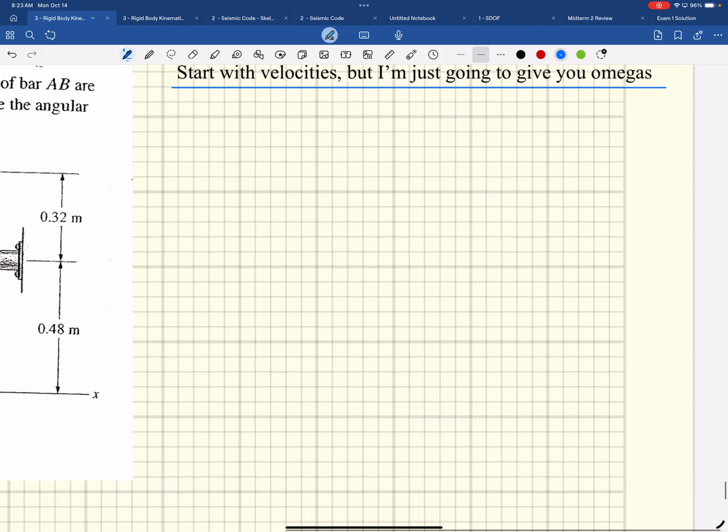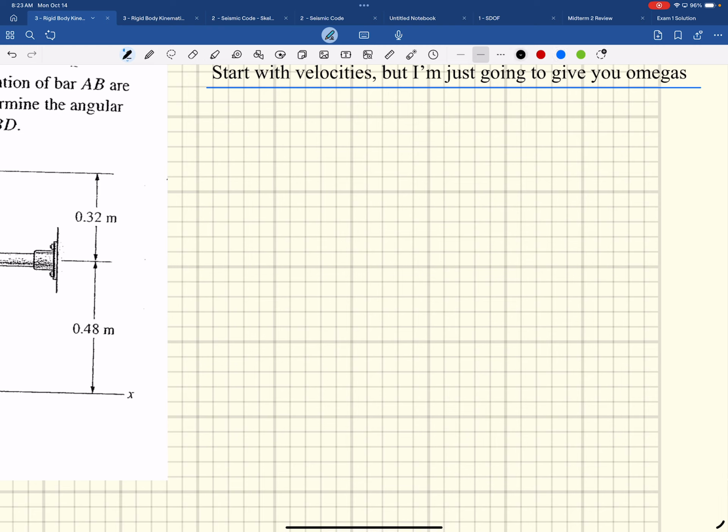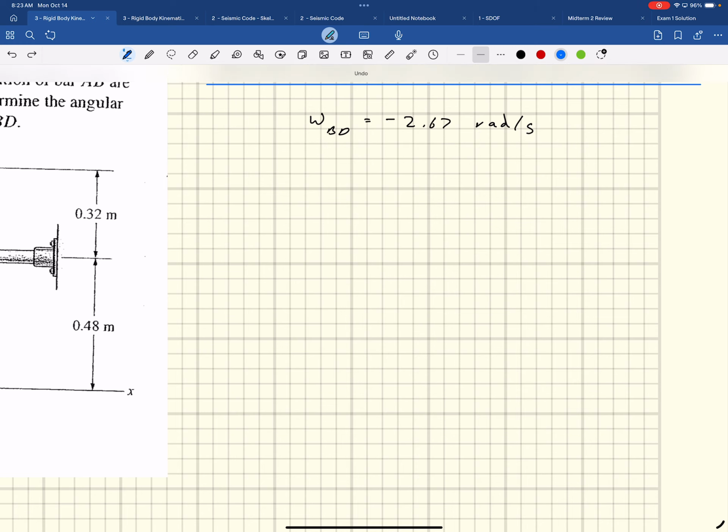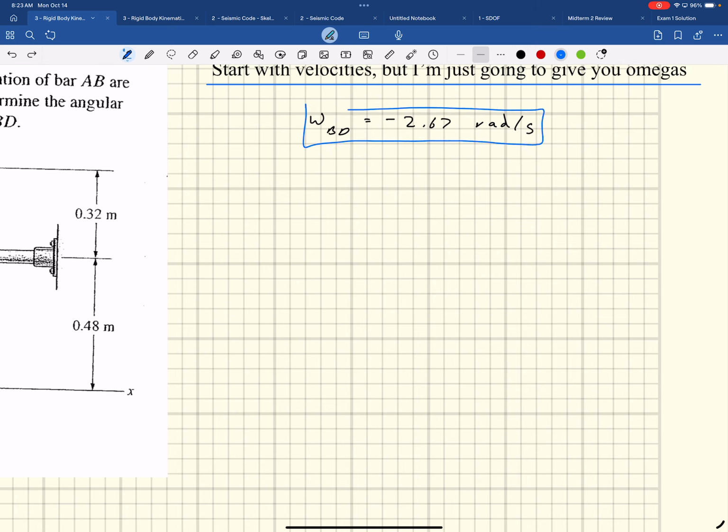That's what I did earlier, and omega BD ends up being equal to negative 2.67 per second. For the sake of time, I'm not going to do it.